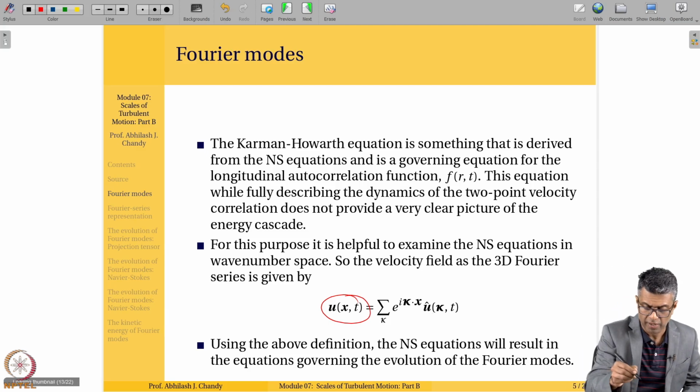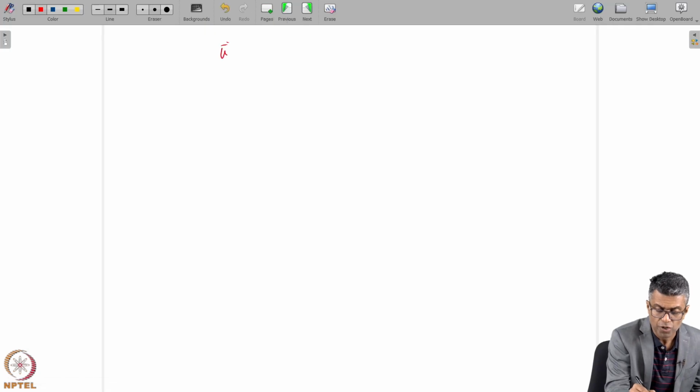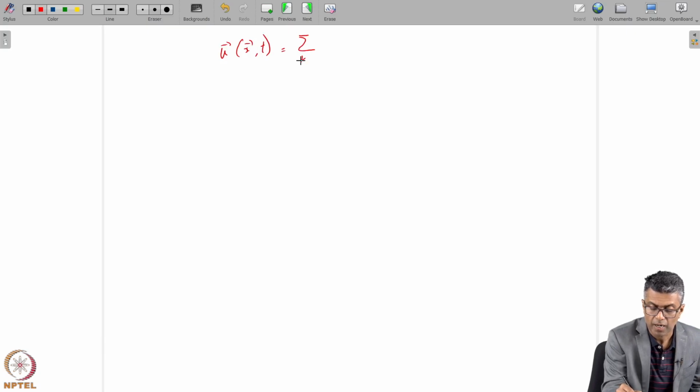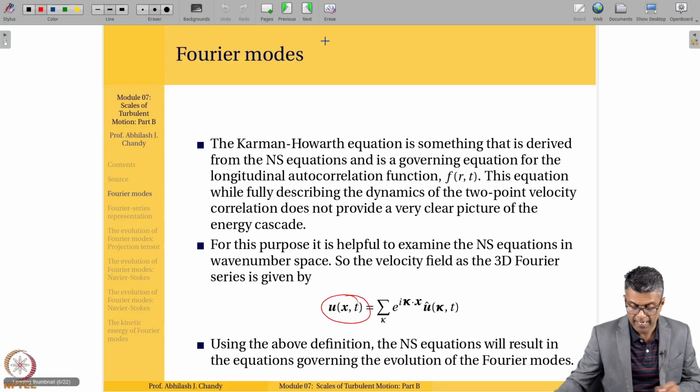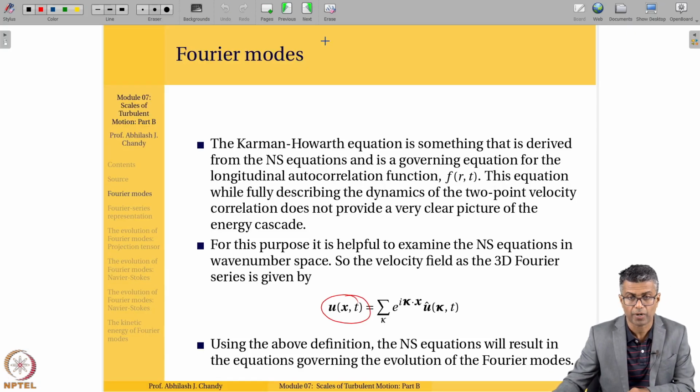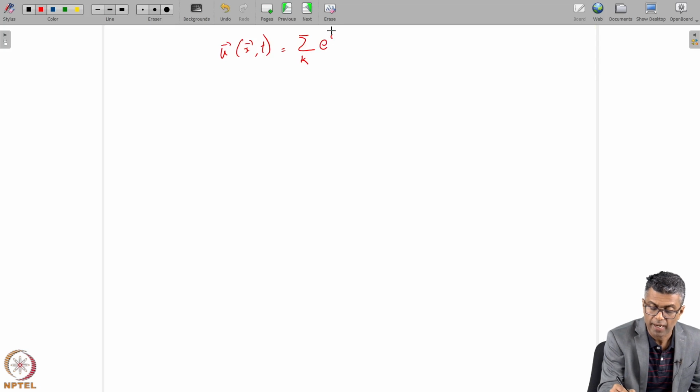I want to make this clear: here u, which is a vector of x comma t, is equal to the summation over kappa of e to the i kappa dot x, where kappa is again a vector, x is also a vector, and then I have u hat, which is also a vector, of kappa comma t, isn't it?